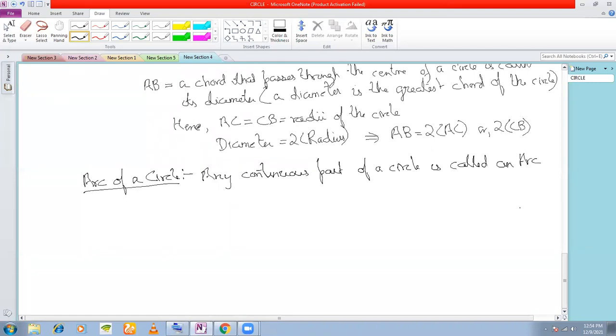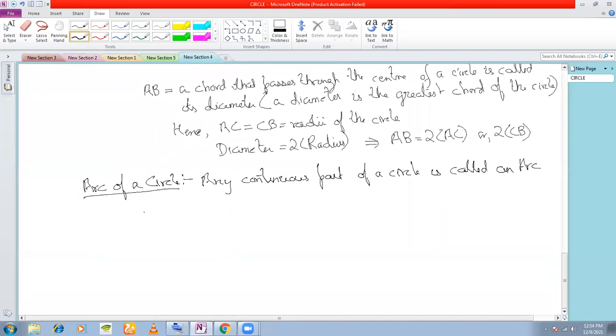Now there are two kinds of arc: major arc and minor arc. First is major arc, and the other is the minor arc.